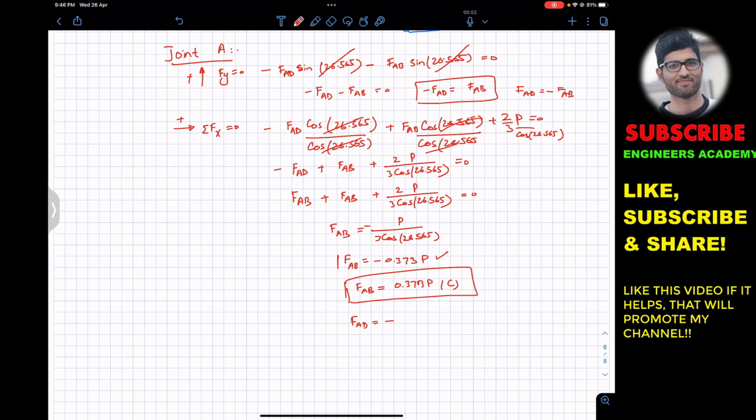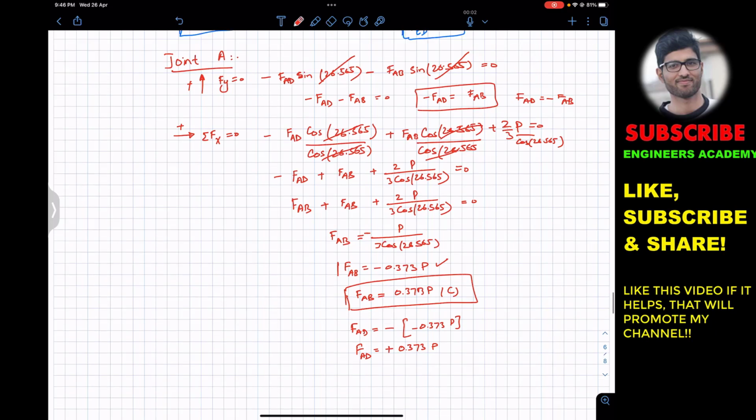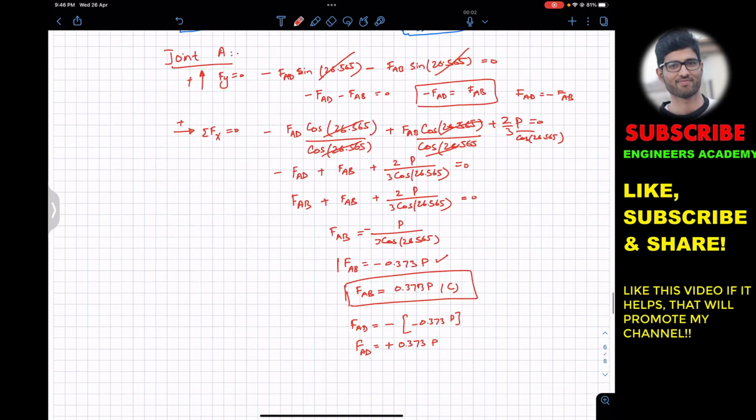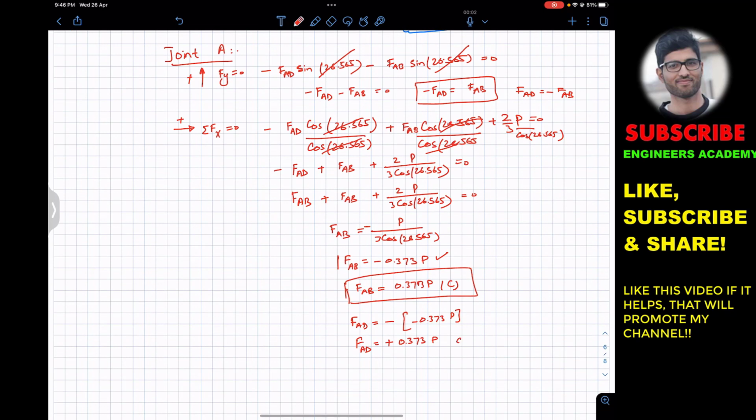So FAD is minus FAB, that is minus 0.373 P, which is equal to plus 0.373 P. So this is FAD. And since we got the positive sign and the assumed direction of FAD is towards the joint A, it is also compressive. So FAD is compressive force and AD member is in compression.